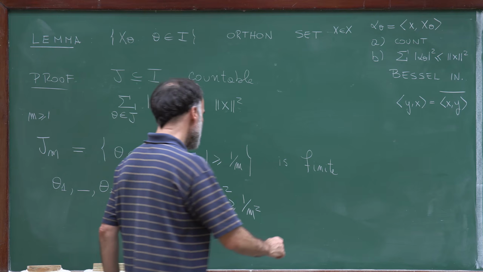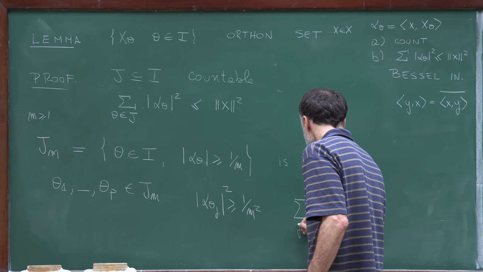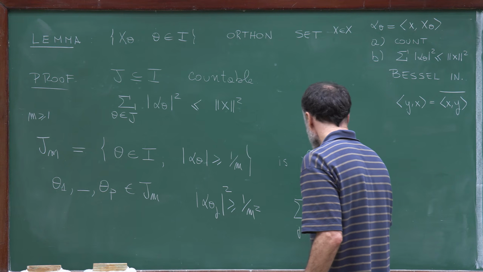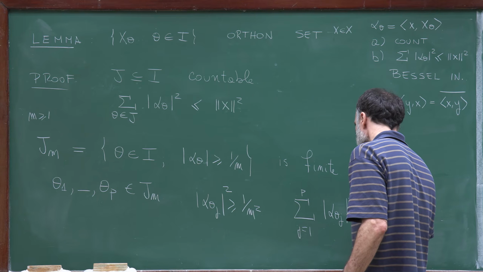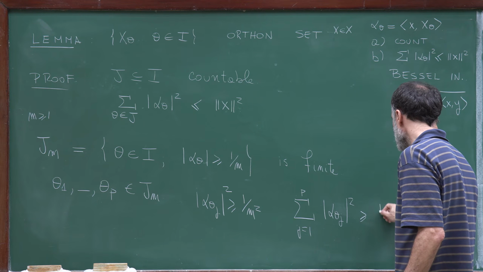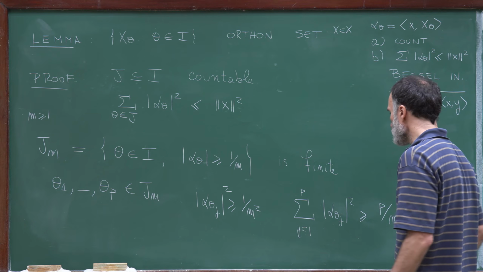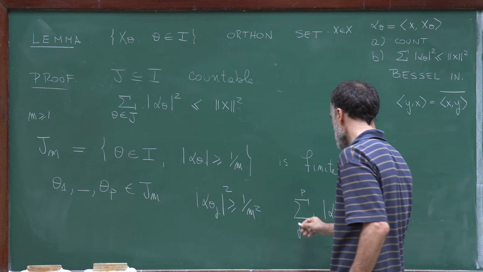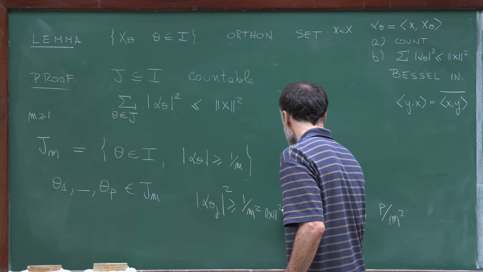So if I sum from j from 1 to p of alpha theta j squared, I get that this is larger than p over m squared by this inequality, but on the other hand, by the other inequality, we have that this is bounded by the norm of x squared.